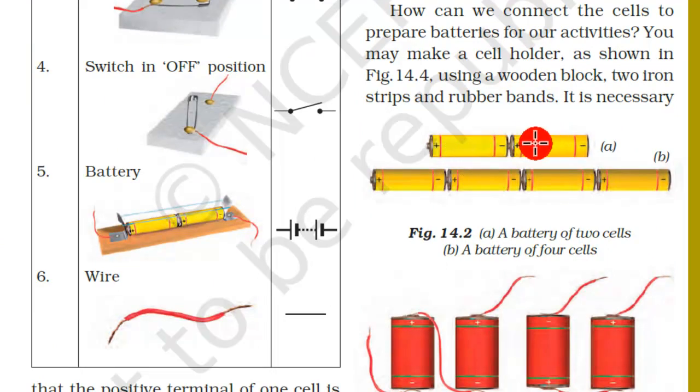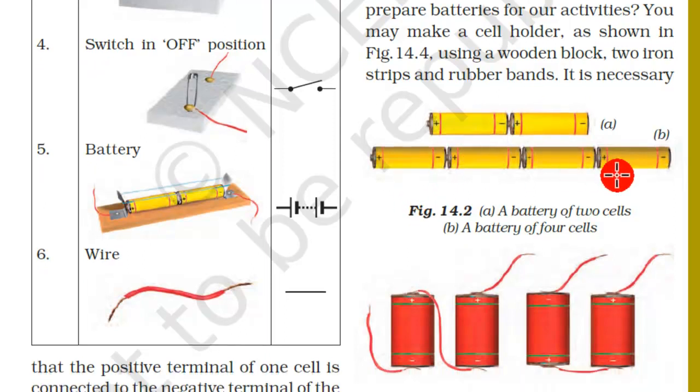This is the combination of two cells which makes a battery, and this is the combination of four cells which makes the battery. But in most instruments we don't see such a combination of a battery in a straight line.